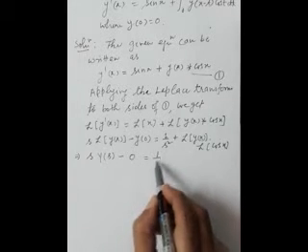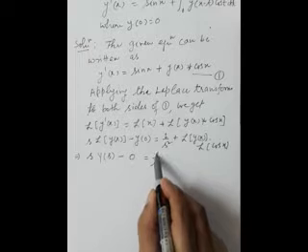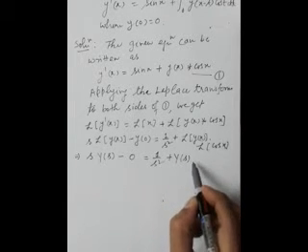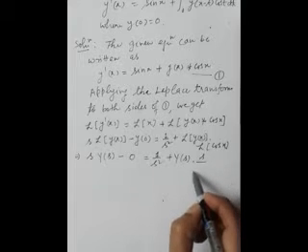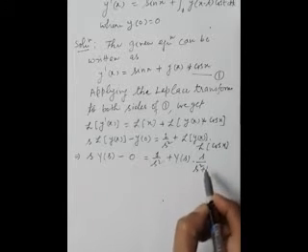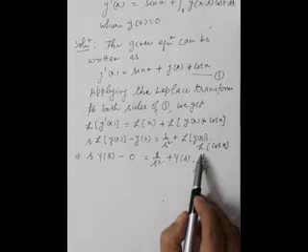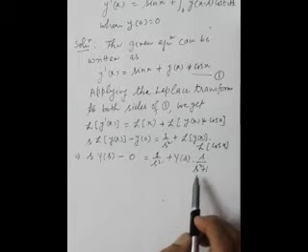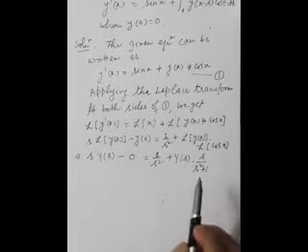This is equal to 1 upon s square plus 1 plus capital Y(s) into s upon s square plus 1, since the Laplace transform of cos x is equal to s upon s square plus 1.